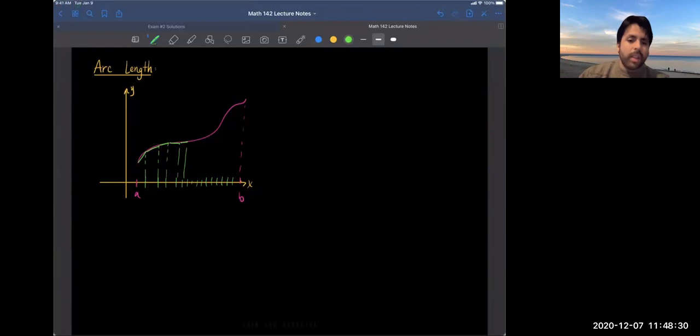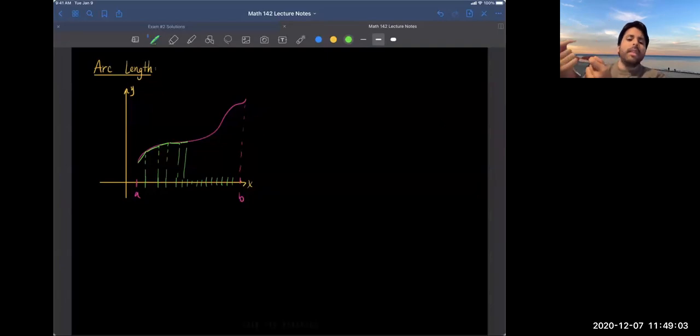And what do you think? The smaller the line segment, the more accurate the length will be. Doesn't that make sense given everything we've been doing? We've been using rectangles to find the area underneath curves. We've been using cylinder discs and cylindrical washers to find the volume of solids. So wouldn't it make sense to make this curve into little pieces, maybe just little straight line segments?